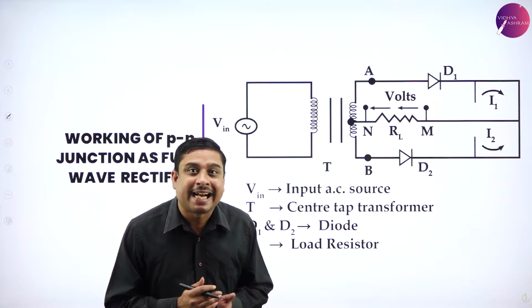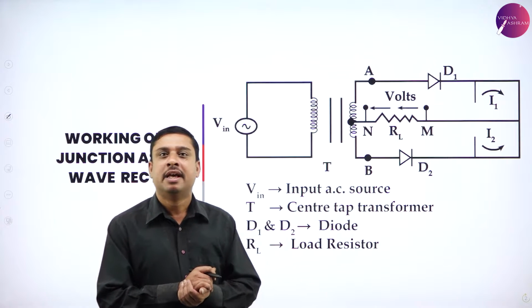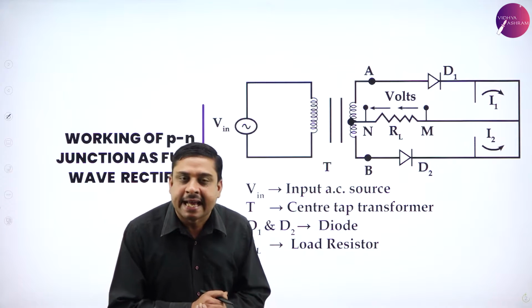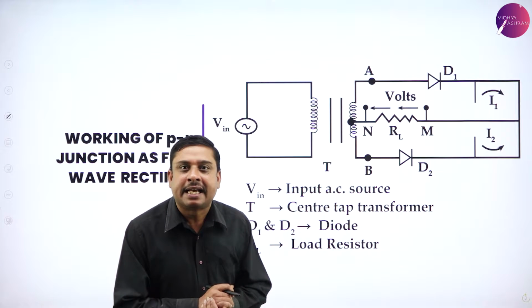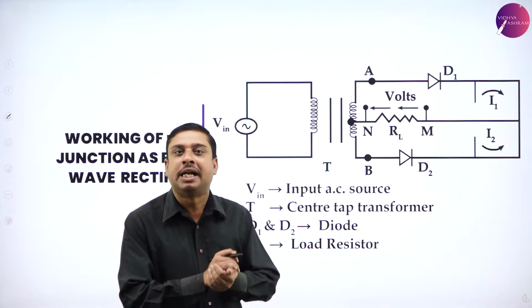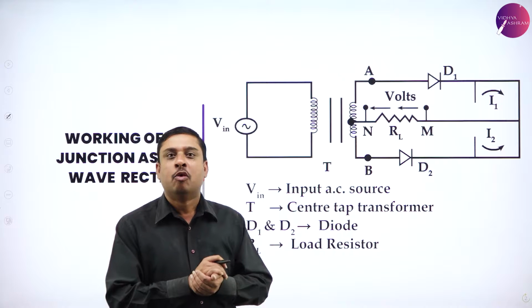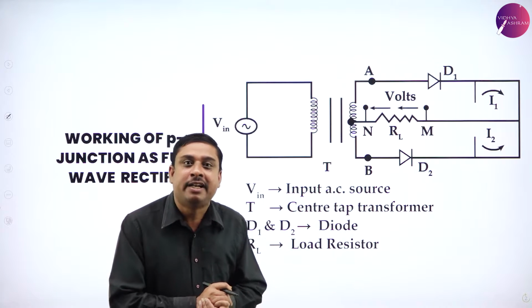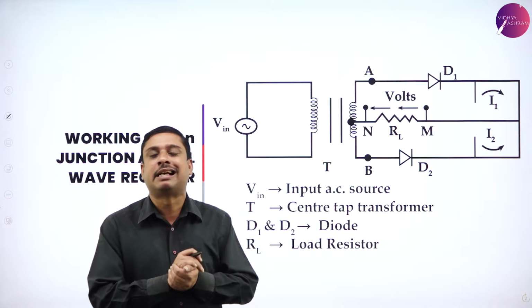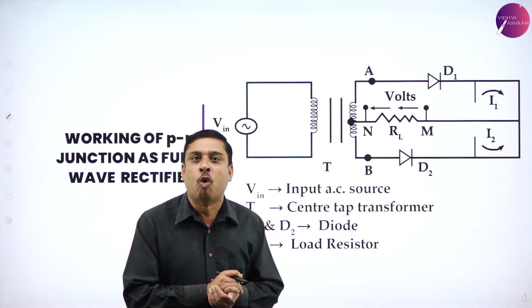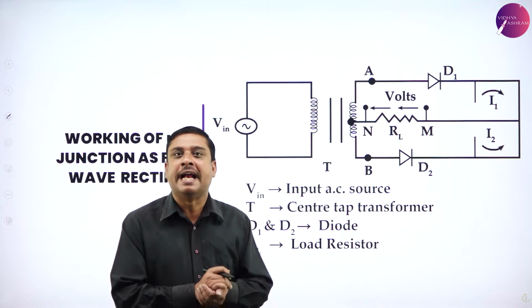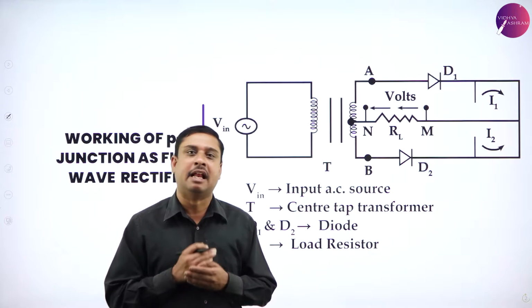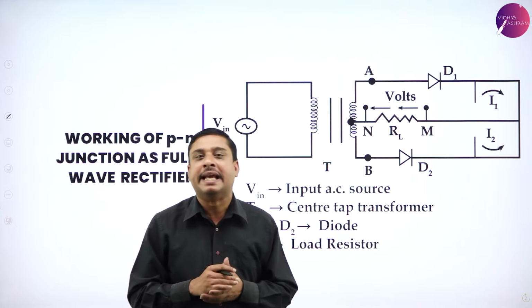What was a rectifier? It was a device like a junction diode which converted an AC signal into a rectified DC signal.